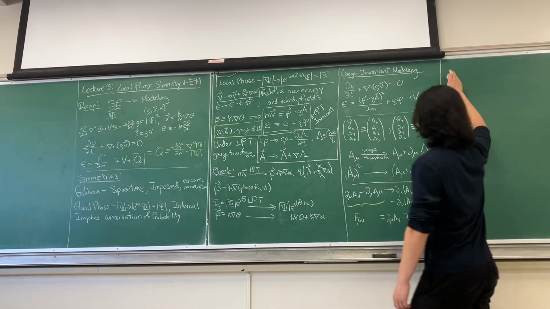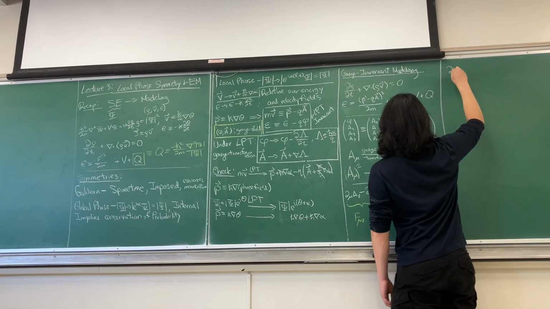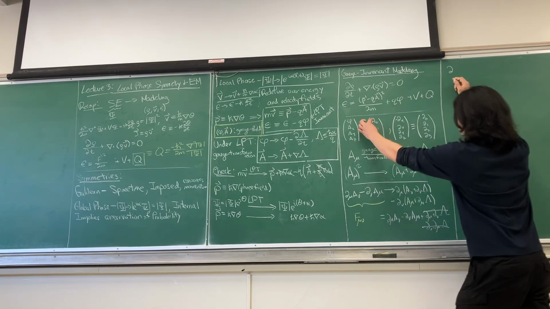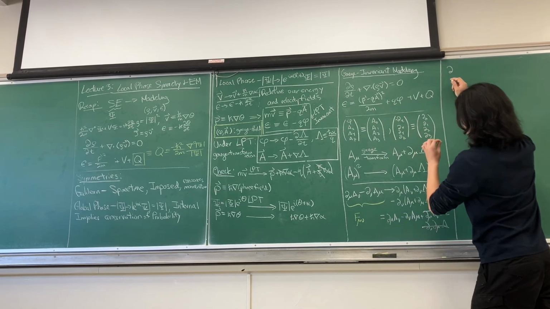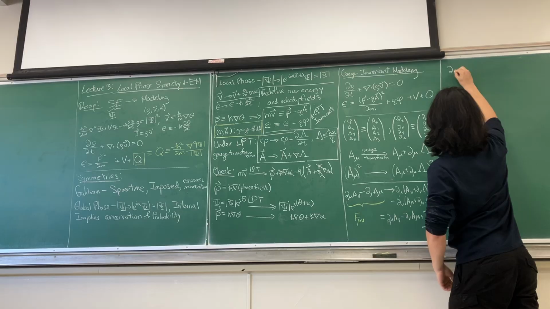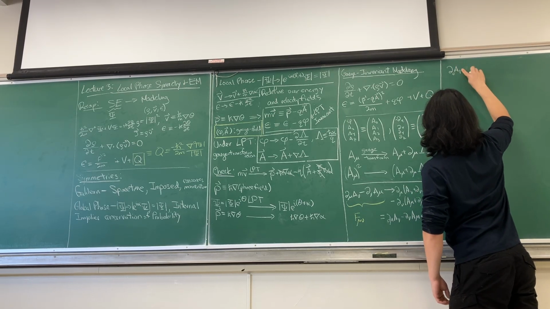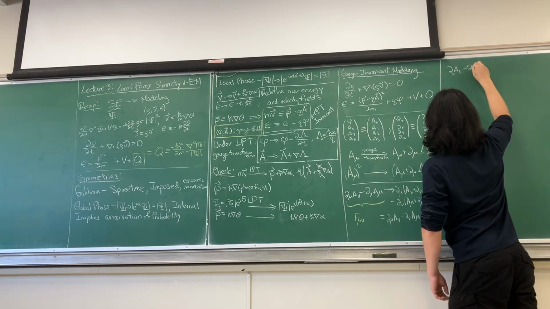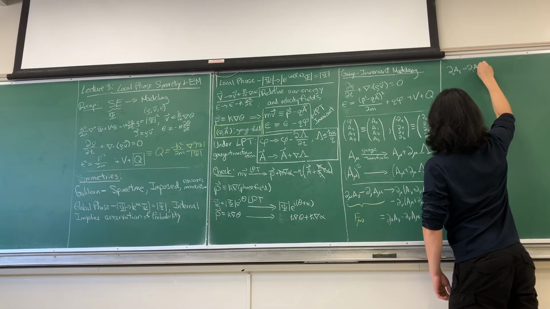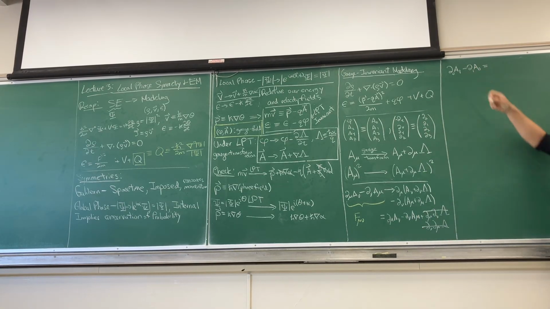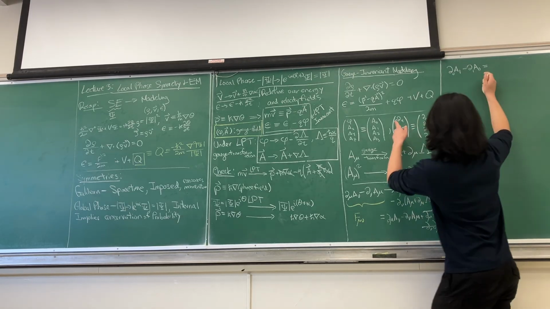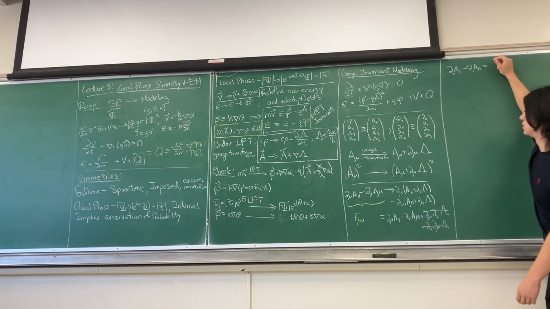So I'll write first, we'll just consider partial 0, A1 minus partial 1, A0. This thing is equal to, if we use our notation, can somebody read off what this is equal to for me?